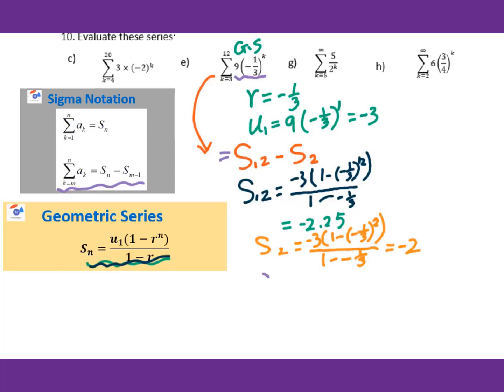Therefore, S sub 12 minus S sub 2 equals negative 2.25 minus negative 2. That is negative 0.25.